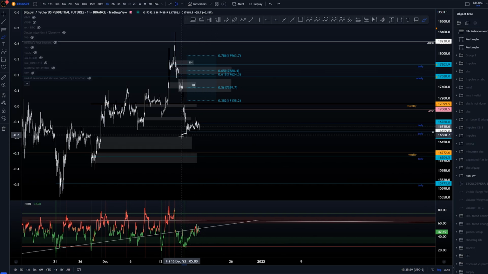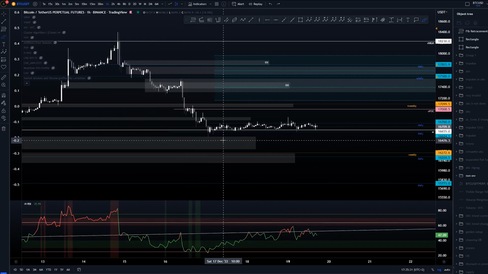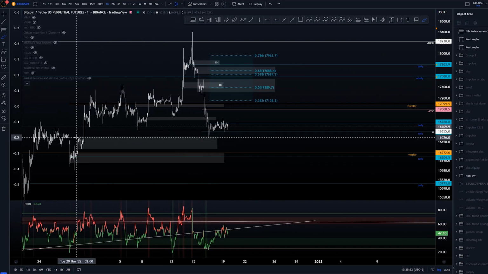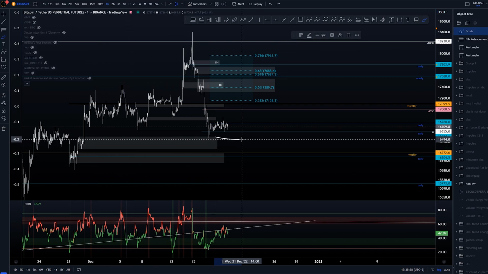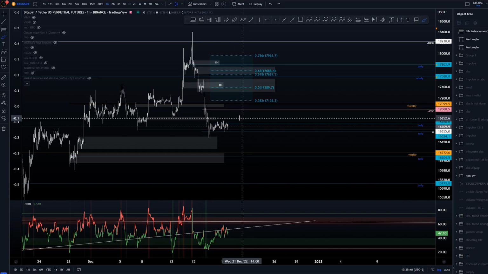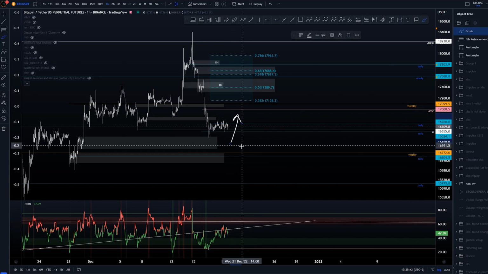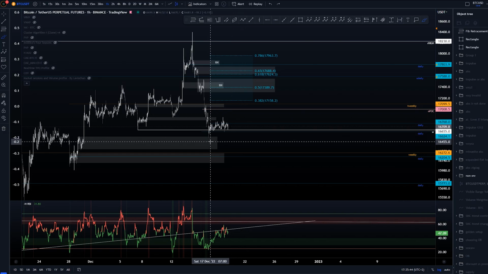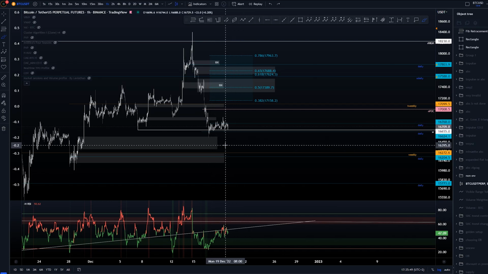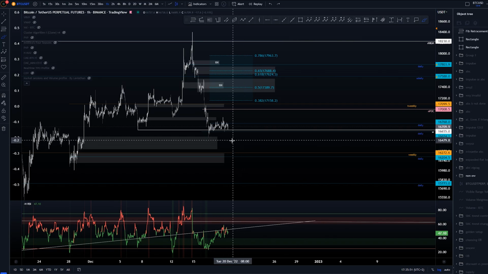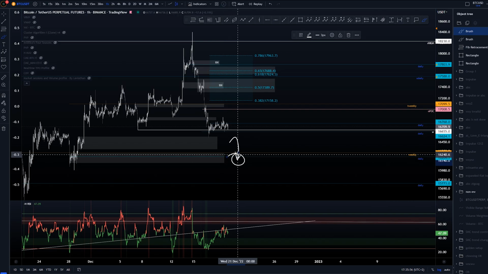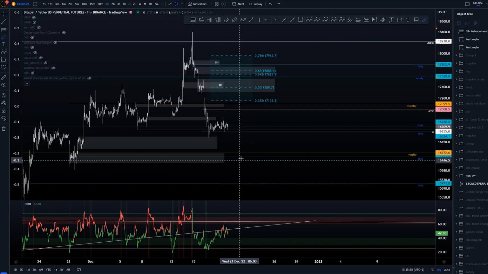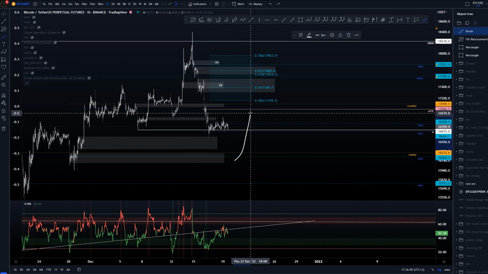But this structure here had a pretty decent reaction when it got back into this previous order block here. So there definitely can be more demand left in here to have more push. But we'll see. Of course, we don't know anything. So either you are basing your trades here and expecting that reaction, or it just dumps down into the next level here and you take another trade, or you just wait for a reaction and then a pullback.